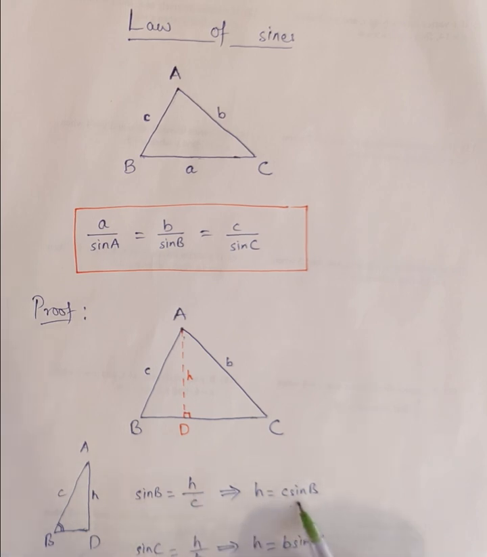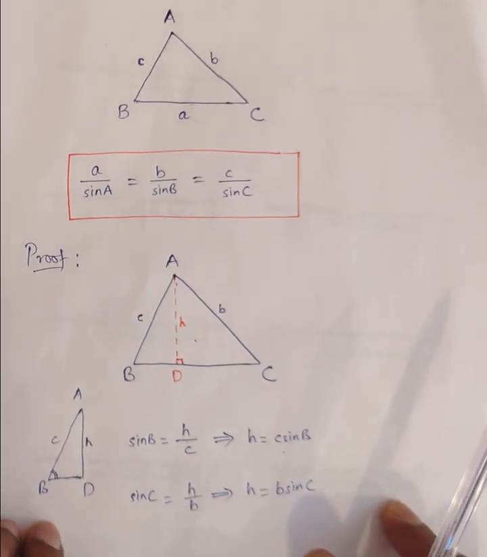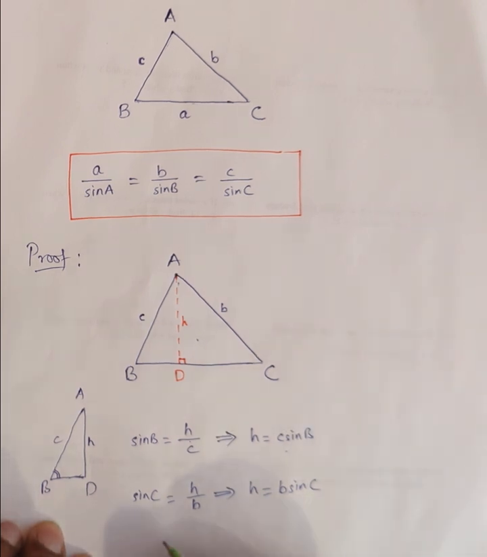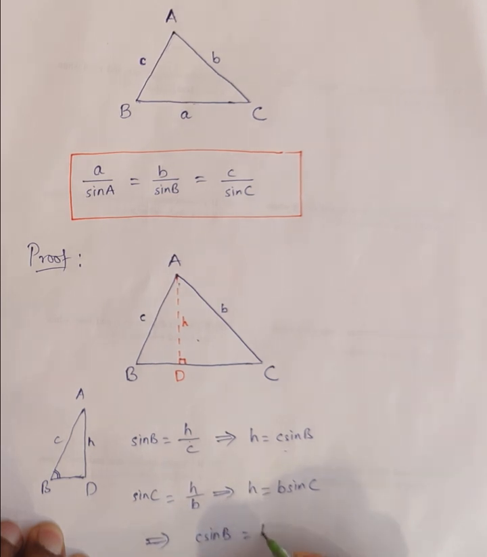So that's how I got h equals c sine B. And considering this triangle, I got h equals b sine C. So putting these two together, I can say that c sine B equals b sine C.